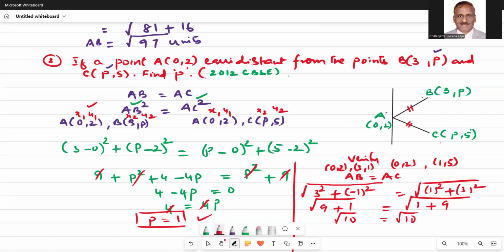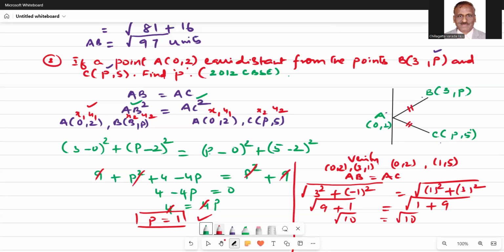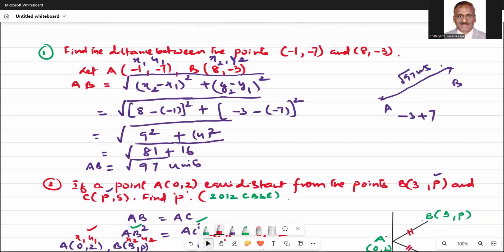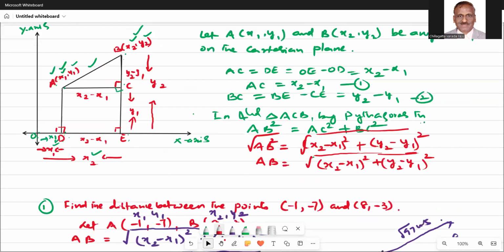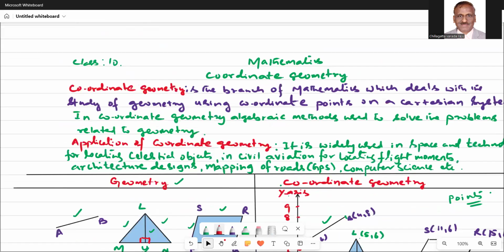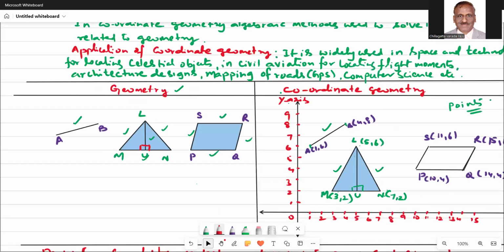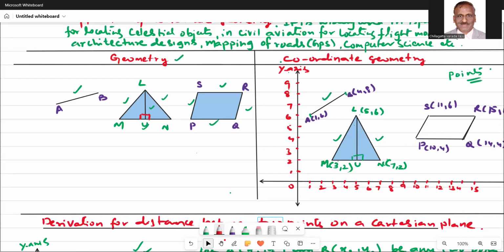So some more application problems based on the distance between 2 points we will discuss in the next video. I hope all of you understood how to use the distance formula based on the question given to you. What did we learn in this class? Introduction to coordinate geometry, applications of coordinate geometry, how geometry and coordinate geometry are interlinked, and how algebra is used in coordinate geometry in place of the normal method in plane geometry.